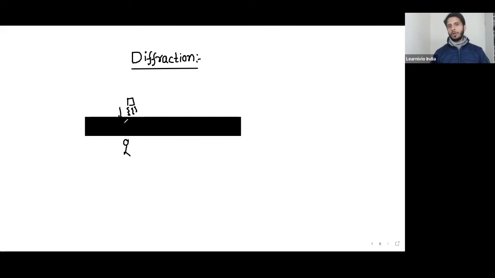This wall is soundproof, so the person standing here cannot hear what is being said. But the waves will travel here, then bend from the corner, and then these waves will reach this listener also. So that's basically bending of sound, and that bending of sound is diffraction in sound.